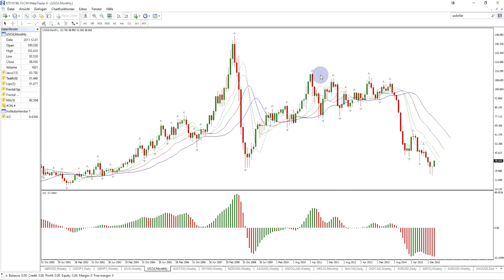The balance zone is always marked by these three moving averages. As they are intertwining, you know you don't have a trending market, you have a sideways moving market. So all during that time, 2009 to the end of 2013, you got nowhere if you tried to trade a trend in this market.